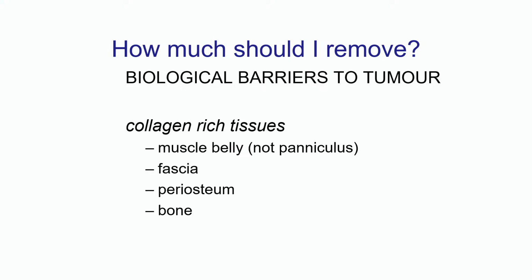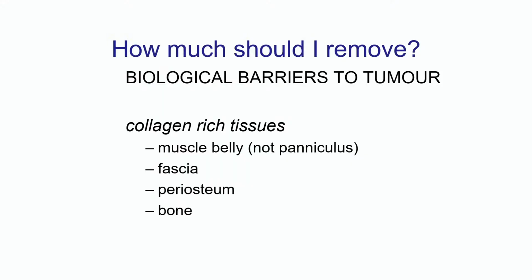Any sort of defined muscle underneath your tumor will form a really effective biological margin to tumor spread, with the one exception of the panniculus muscle or the cutaneous trunci muscle, that really thin layer of muscle which sits just below the skin and above the subcutaneous fat, which is incomplete and very thin. That will never form an effective barrier to tumor extension. But when we come down below that, any deeper muscle plane will always form a good barrier. And usually muscle is what I aim for when I am doing these types of surgery.